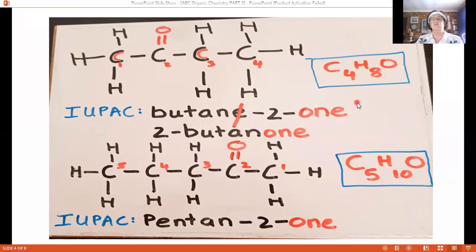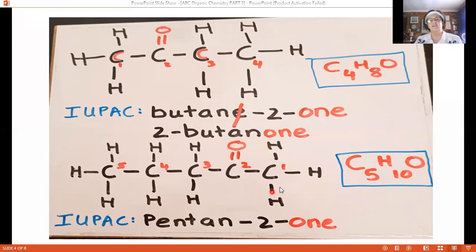The molecular formula here is C4H8O. With an extra carbon, 5 carbons, you'll see that the molecular formula differs by 2 hydrogens. So it's also part of a homologous series.